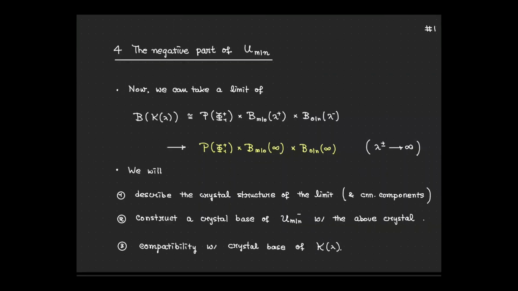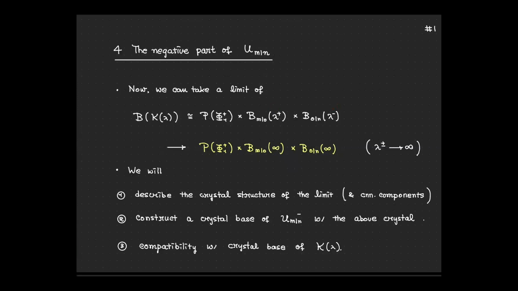Now let's go to the negative part of the quantum group. Now we know the crystal of the Kac module, and we want to think about the whole negative part. Naturally, you can expect that the way to do this is to take the limit of the highest weight for GL_m and GL_n.